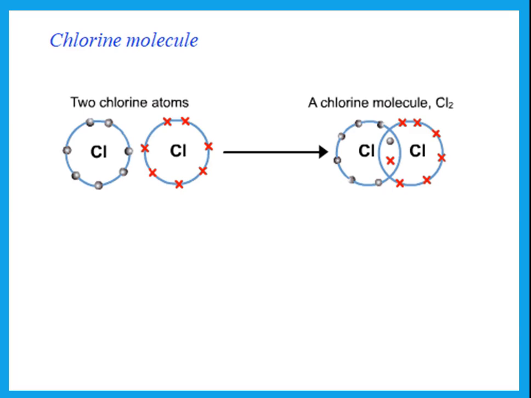So don't forget to put in the rest of the 7. You still have 6 more electrons around each chlorine. Again, you can either draw it with circles or without circles, and that is fine, so long as you have only 1 pair of electrons between the 2 chlorines, and each chlorine has the rest of its 7 around it.